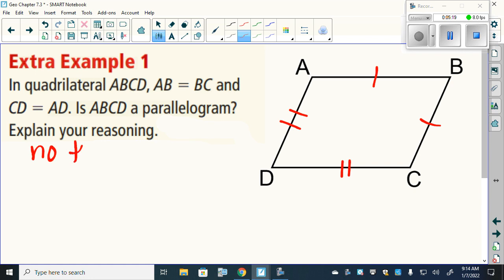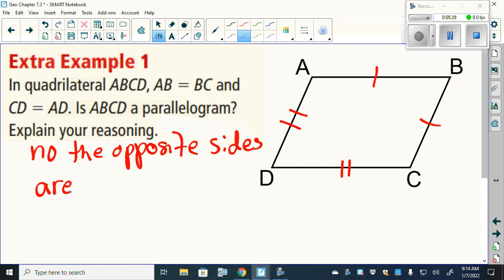No. Opposite sides are not congruent. Because for this to be a parallelogram, the opposite sides need to be congruent. The consecutive sides are congruent, but that does not make it a parallelogram.